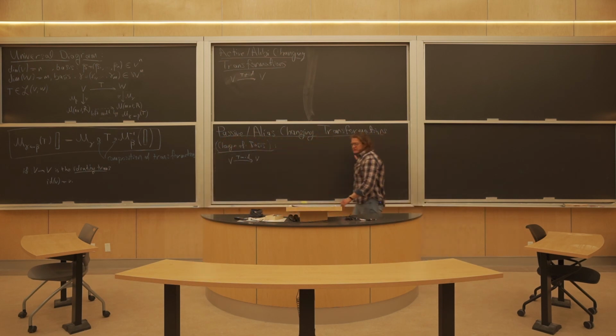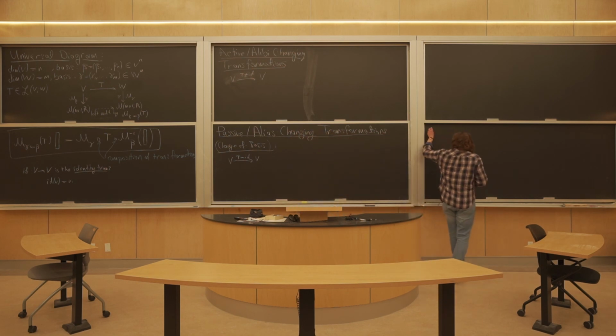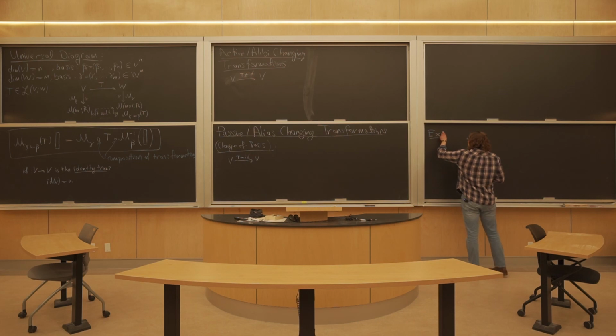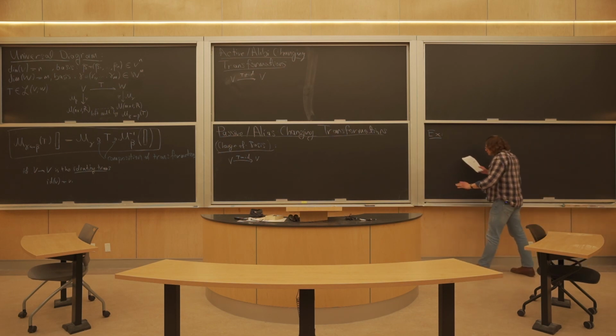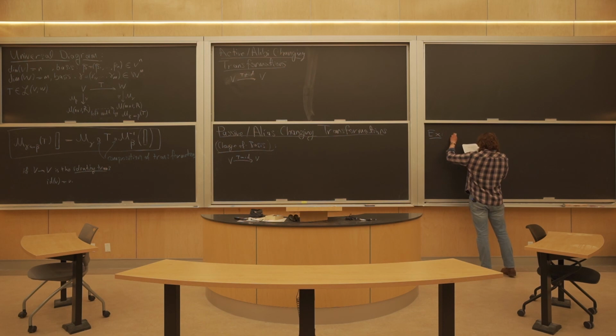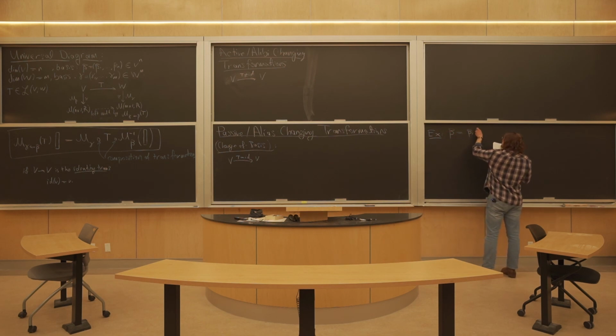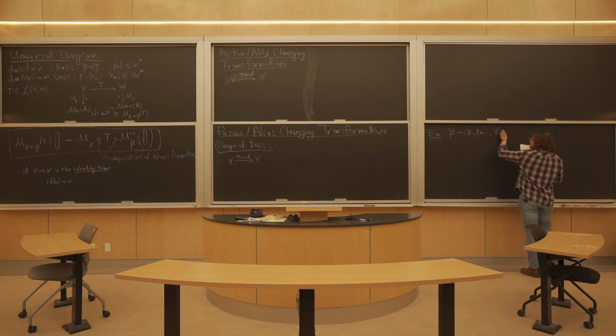So here's an example for this. Let's consider these two bases. I have a certain two-dimensional vector space. You can think of it as R2, but you don't need to. I have beta, which has two vectors, and I have gamma.